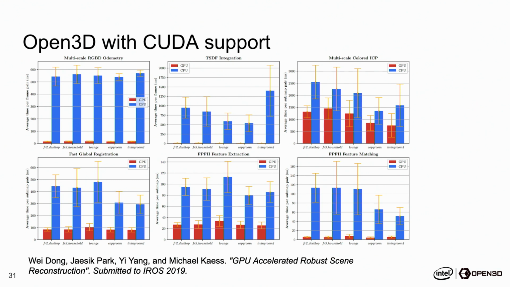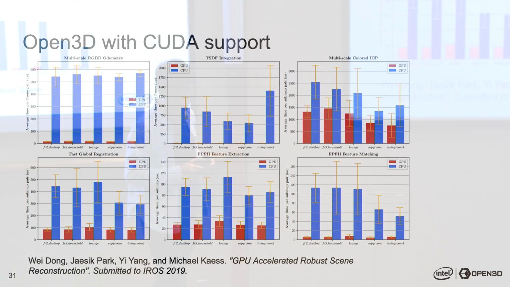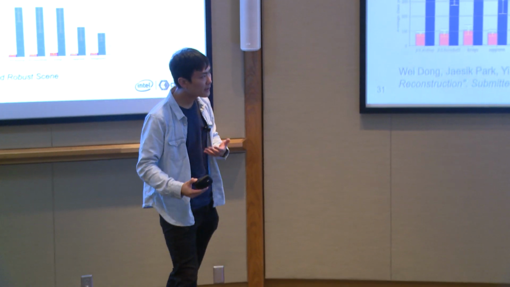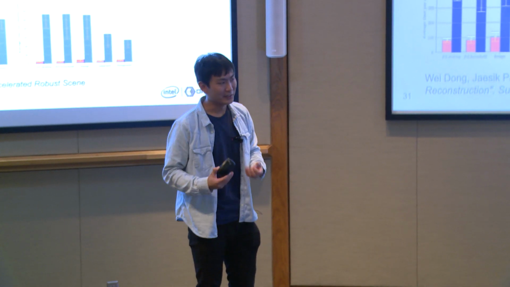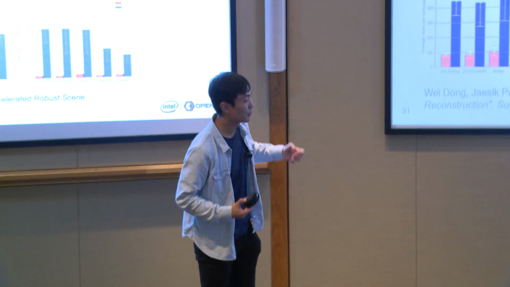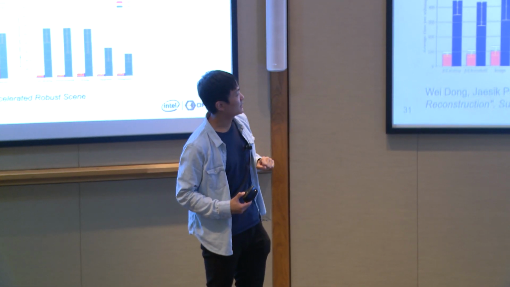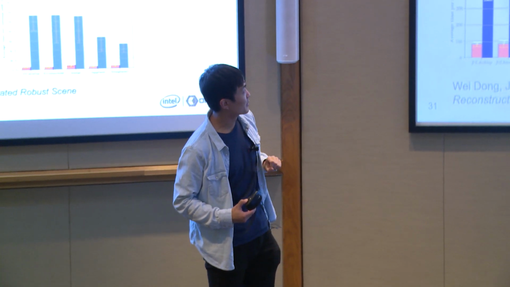For example, in RGB odometry, it's about 2 orders of magnitude faster. The reason for this is that in odometry, we compute a pixel-wise correspondence of 2 images. If we use CPU, even if you use OpenMP to parallelize, it doesn't help a lot, right? But with GPU, it's very natural. So you can get a high speed improvement.